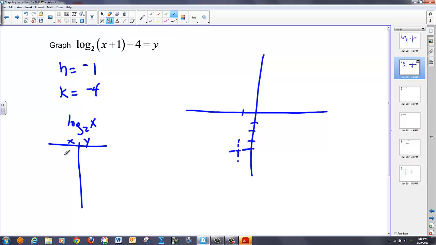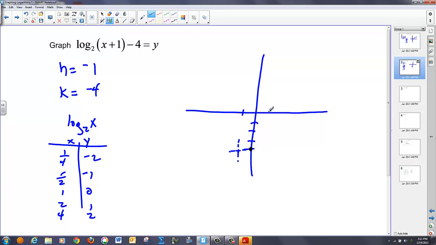And once again, I'll use a quarter, a half, 1, 2, and 4 as my numbers. So I get 2, 1, 0, -1, -2 as my points. So from this new origin point, I will take and move over 1 and up 0, which puts me here.